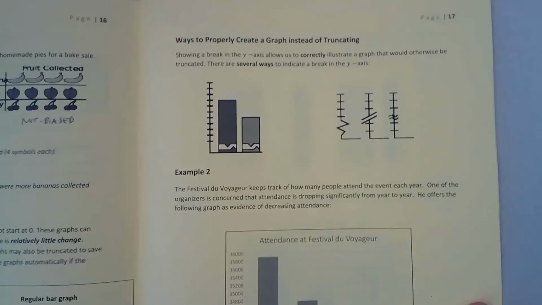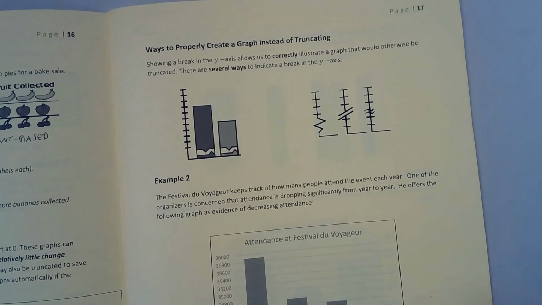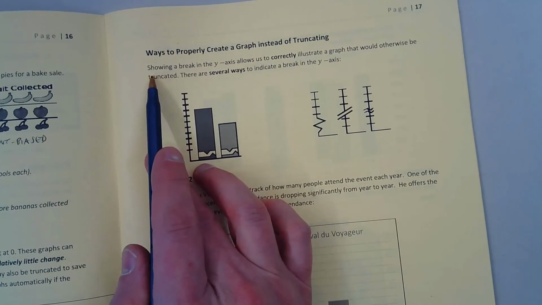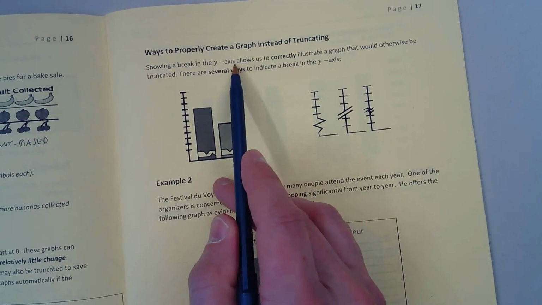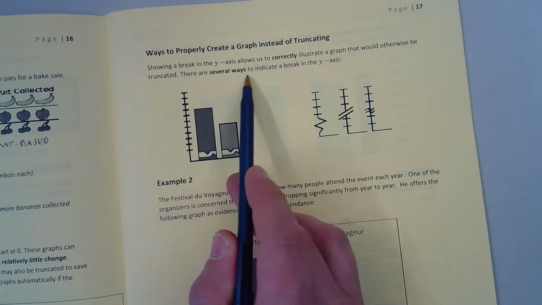Okay, and then over here, you might see this. Sometimes with graphs, it's okay to do that as long as you visually let the reader know that you've done that. So ways to properly create a graph instead of truncating. Showing a break in the y-axis allows us to correctly illustrate a graph that would otherwise be truncated. There's several ways to do this.